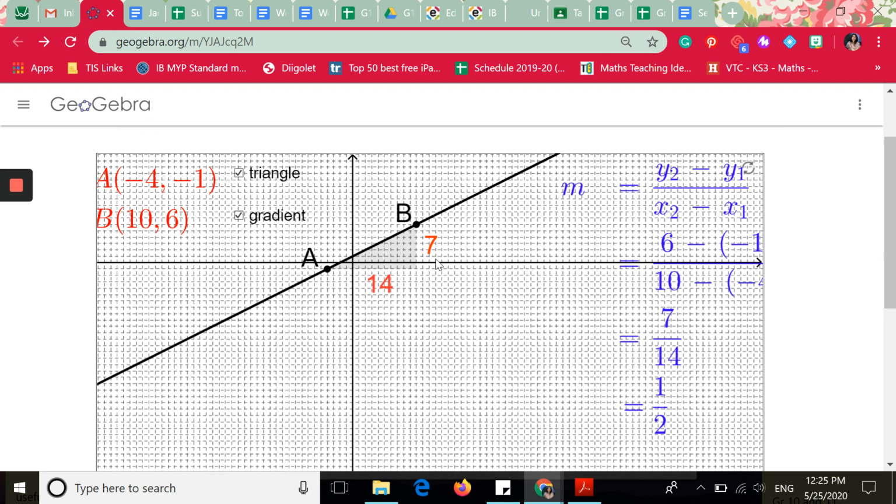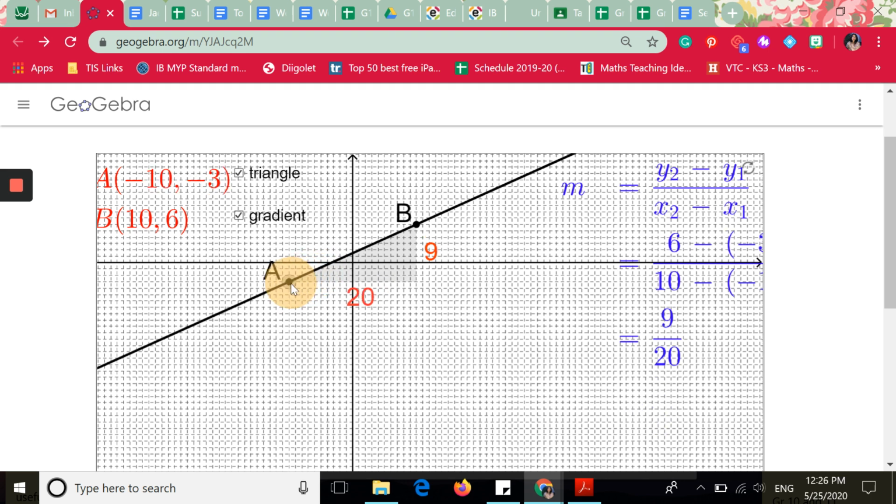And you can also plot the points and then find it geometrically or graphically, but it's better to know algebraically also. So if you need to do more practice on finding the gradient of a line, please do more practice, and I can have different points here. So 9 over 20, and then you can see here the gradient becomes 9 over 20.